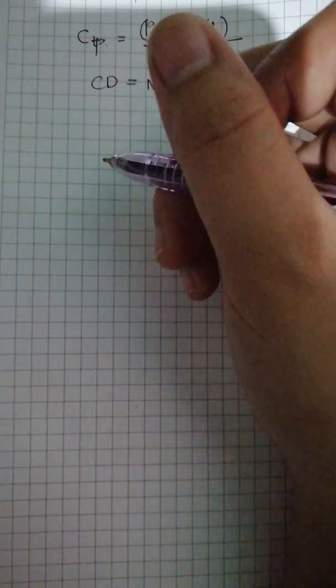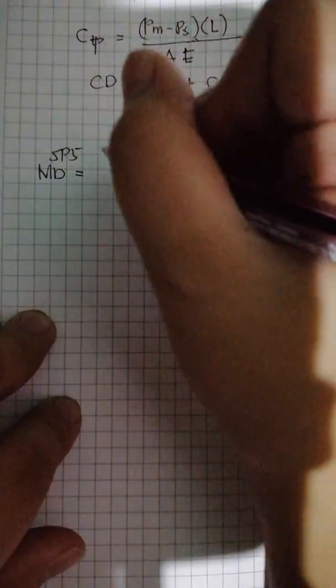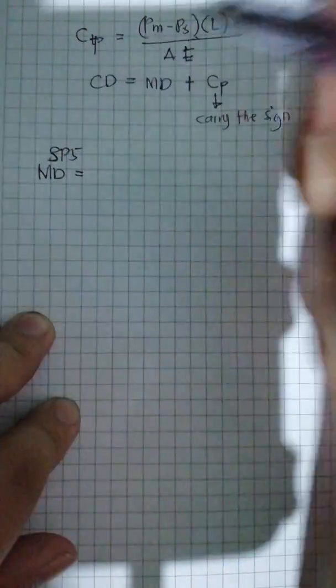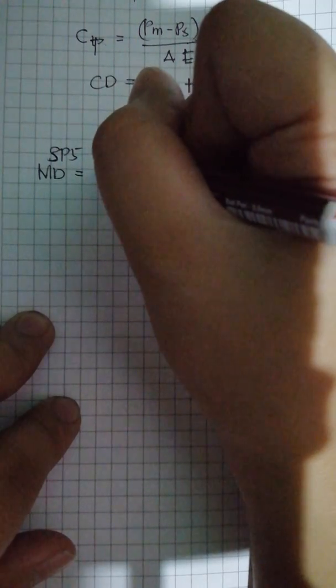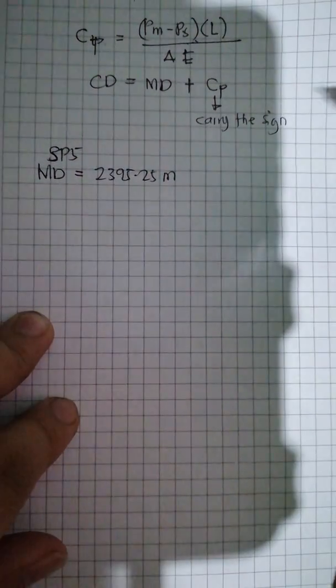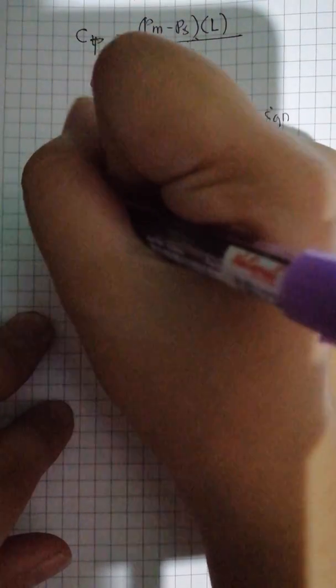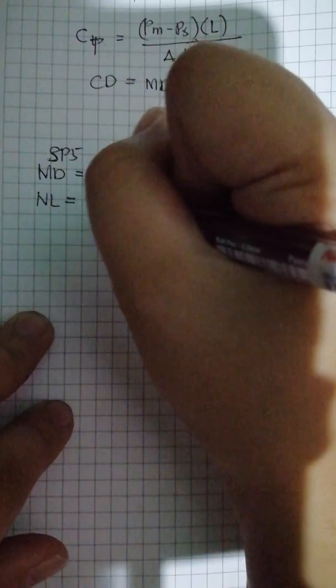Okay. So, last na tayo na problem. So, yung measured distance ng isang line, so again this is your fifth and final sample problem. Sample problem 5. Measured distance was said to be 2395.25 meters when measured with a 30 meter steel tape, so yung nominal length ng steel tape is 30 meters.